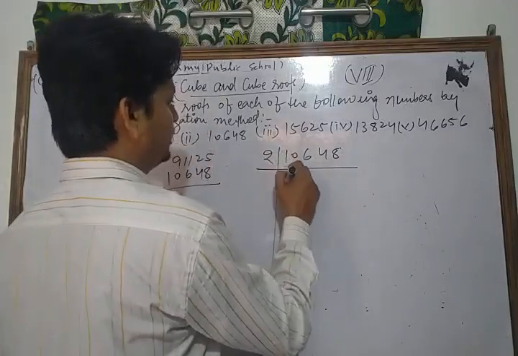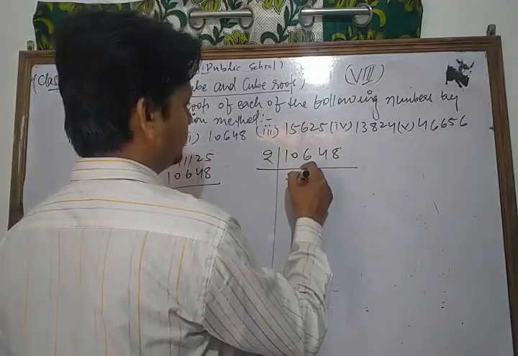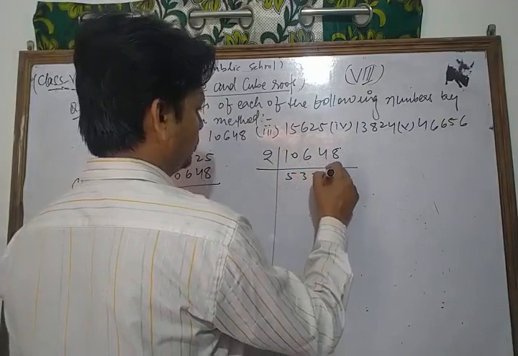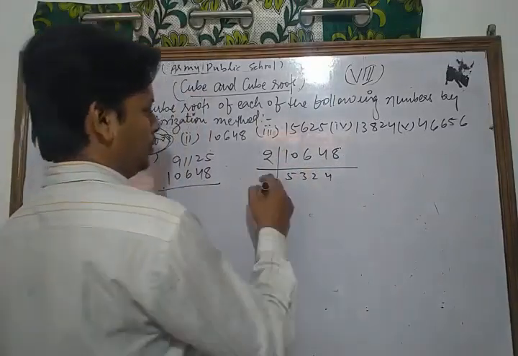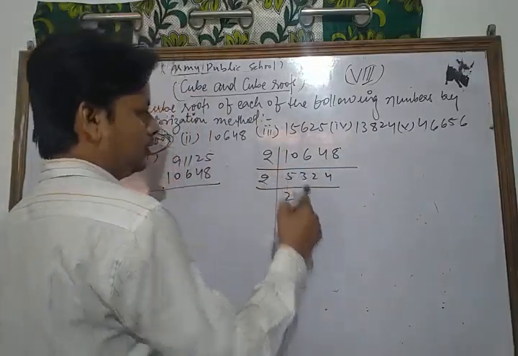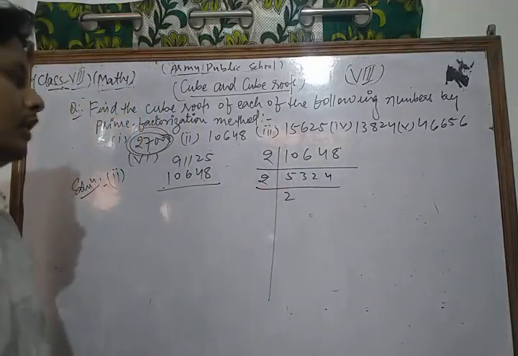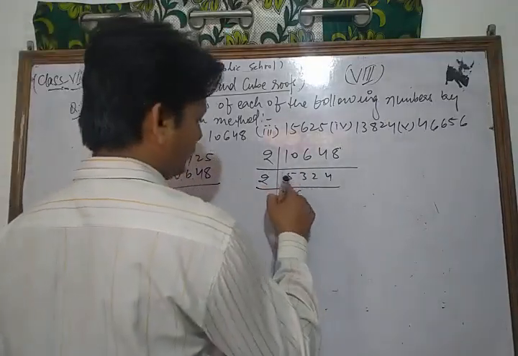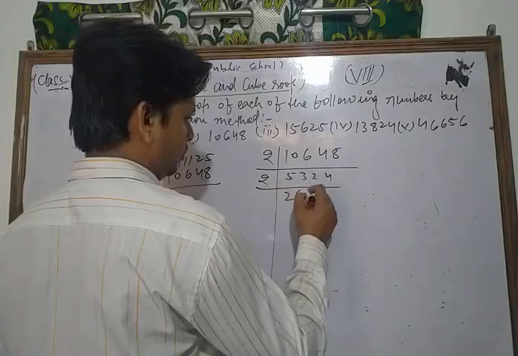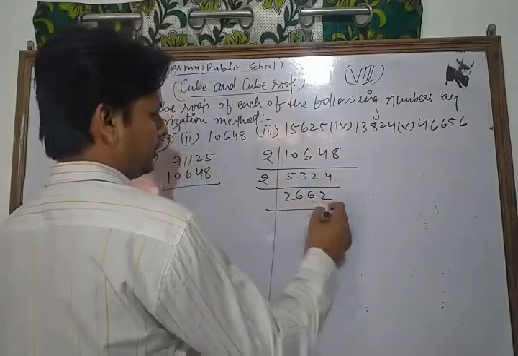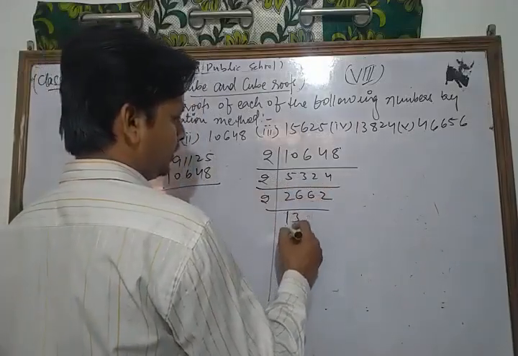By 2: 2 5 are 10, 2 3 are 6, 2 2 are 4, 2 4 are 8. Now again by 2: 2 2 are 4, 2 6 are 12, 2 2 are 4. Now again by 2.